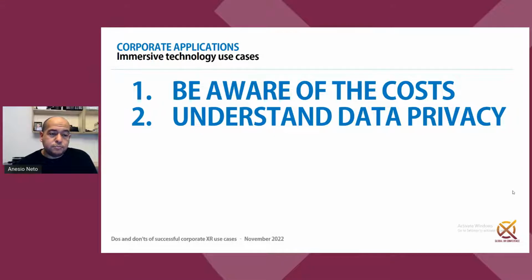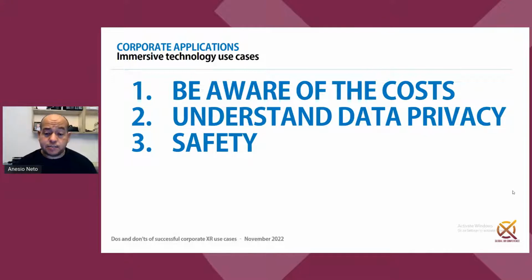So if you're using data that can't be shared with anyone, if you have some IPs, if you have some important information, before buying the headsets and before buying the equipment, you should get in contact with the manufacturer and try to understand about data privacy. This is really, really important.